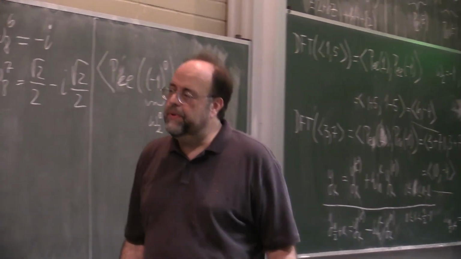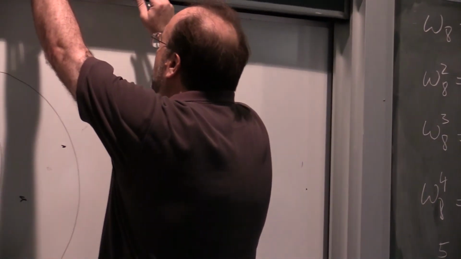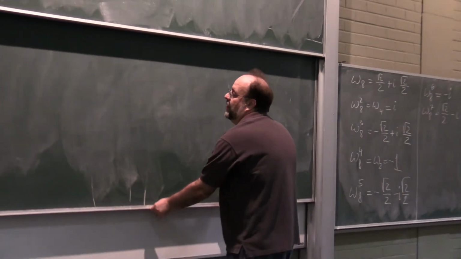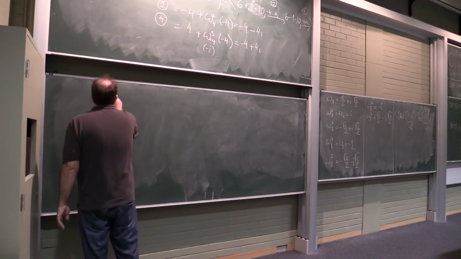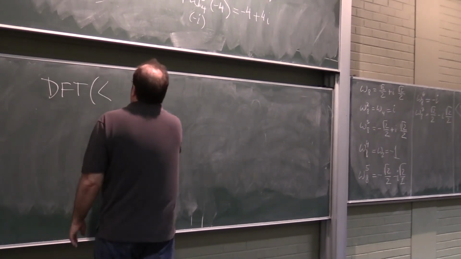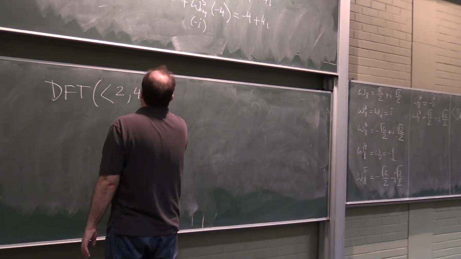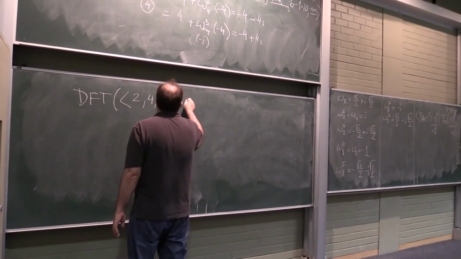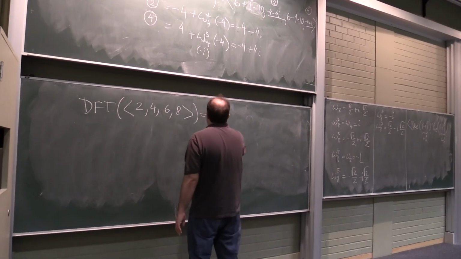So we now compute the DFT of the sequence 2, 4, 6, 8. What is this?